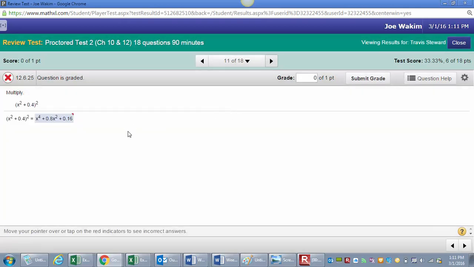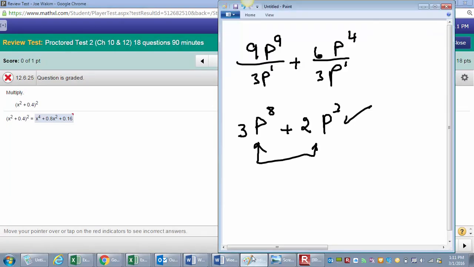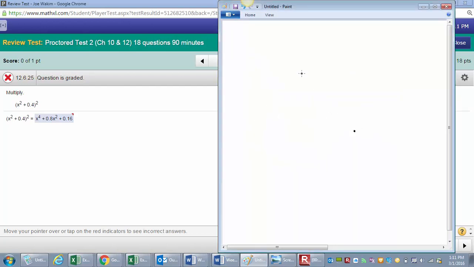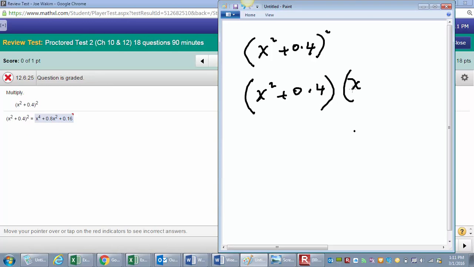Number 11, we have to square. So we are given a binomial x squared plus 0.4 and we are asked to square. So you have to FOIL. You go x squared plus 0.4 times x squared plus 0.4.